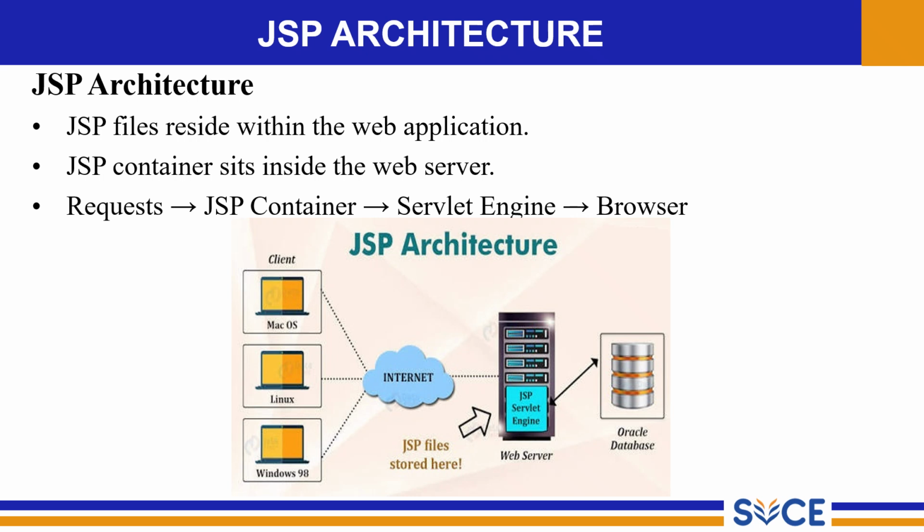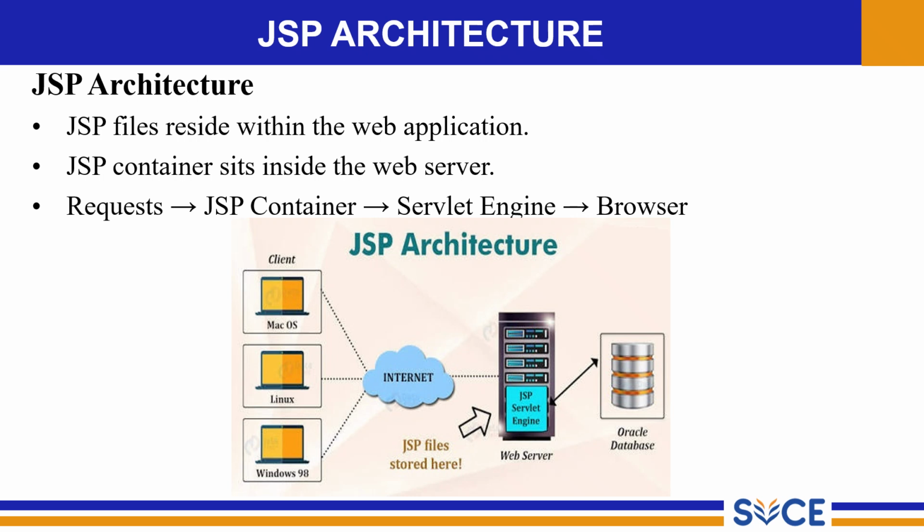The architecture of Java Server Pages is designed to seamlessly integrate dynamic Java-based content into modern web applications. At the core of this architecture is the interaction between JSP files, the web server, and a JSP container, all working together to process user requests efficiently.